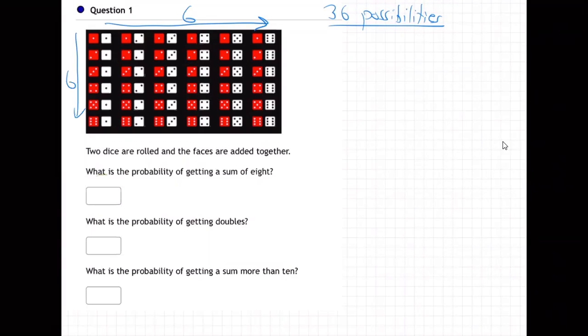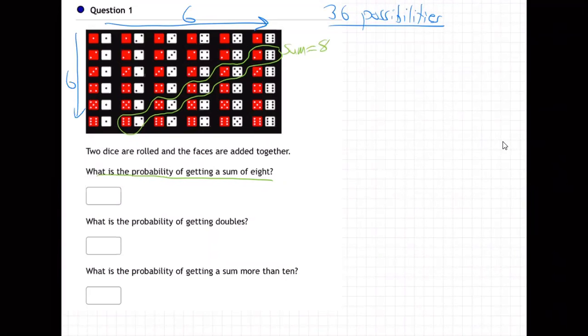First off, what is the probability of getting a sum of 8? So if you really want to get the 2 dice to add up to a sum of 8, what's the probability of that? Well, here it is. Look at this. 6 and 2, 5 and 3, 4 and 4, 3 and 5, 2 and 6. All of these have a sum of 8.